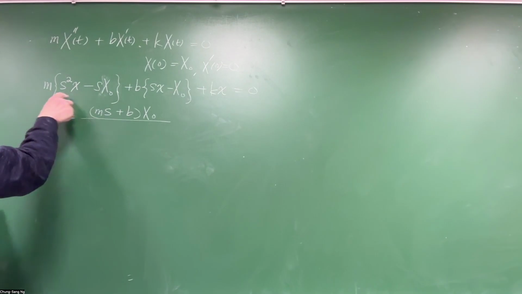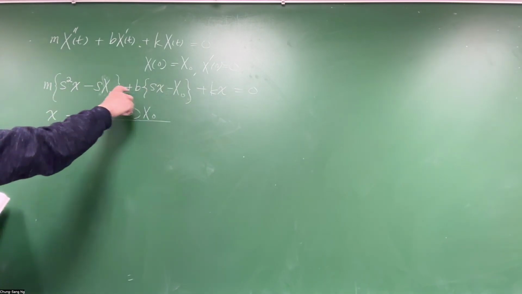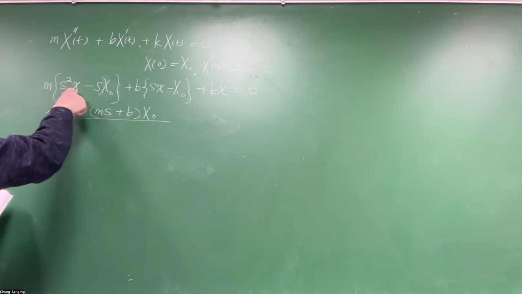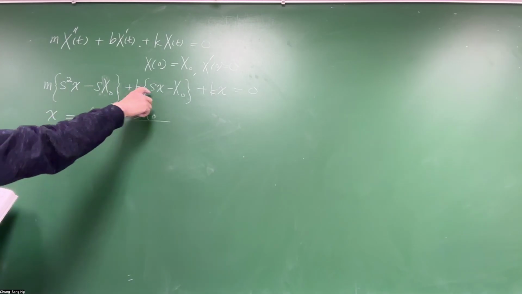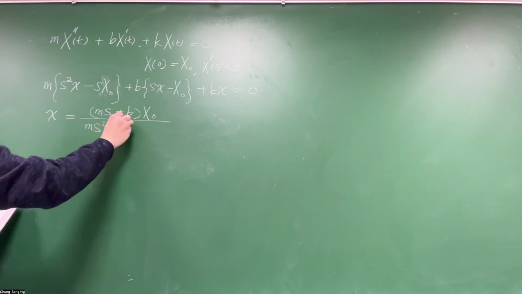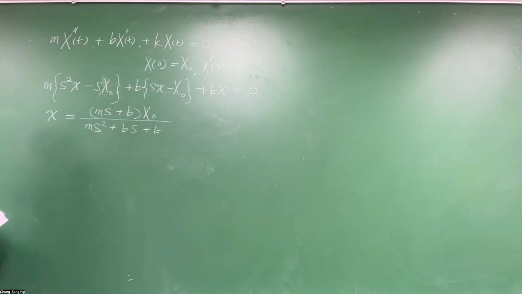And the denominator is summing all the coefficients: m s squared plus b s plus k. Hopefully I got it right. m s squared, yeah, right.